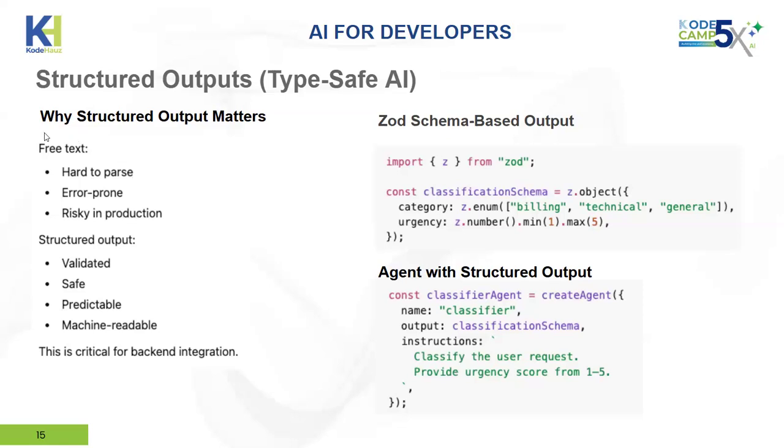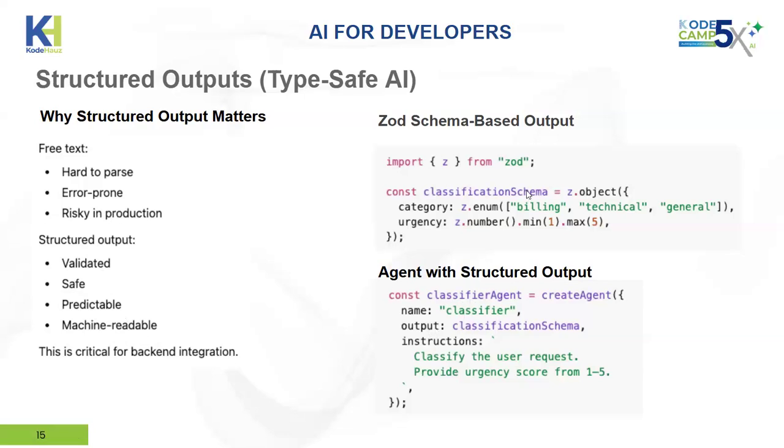So you don't want free text because of the issues: it's hard to parse, extra work to parse, it's error prone and it's risky. So what you do is you force the LLM to generate structured output, and then that structured output is still validated to make sure that the LLM didn't hallucinate and bring in the wrong structure or wrong data. Okay. So structured output is validated, safe, predictable, and machine readable.